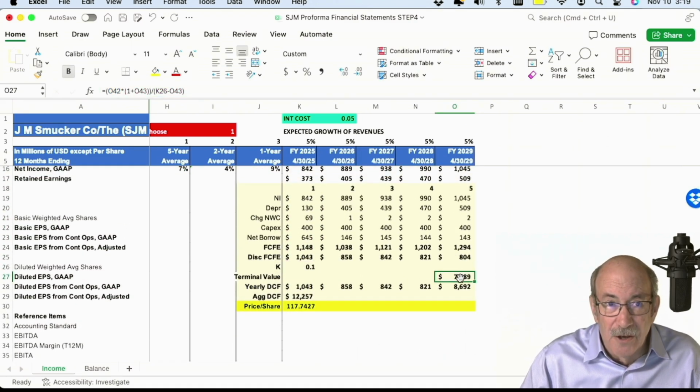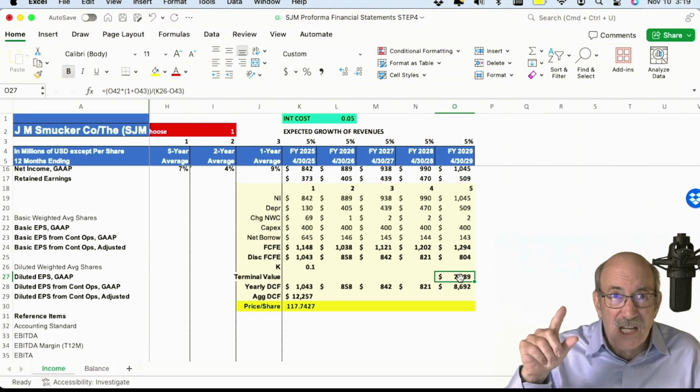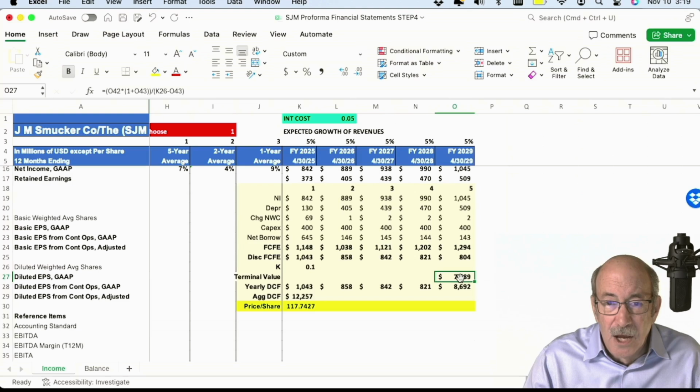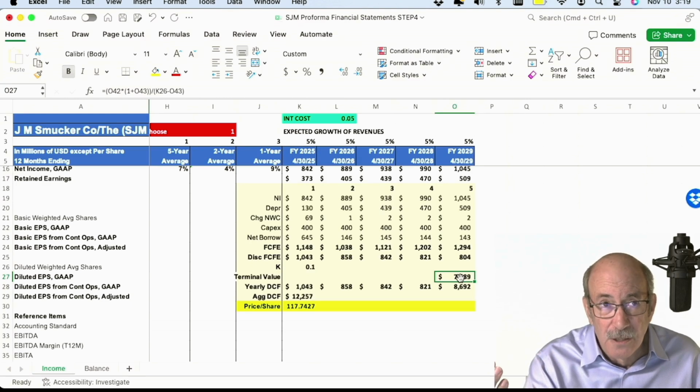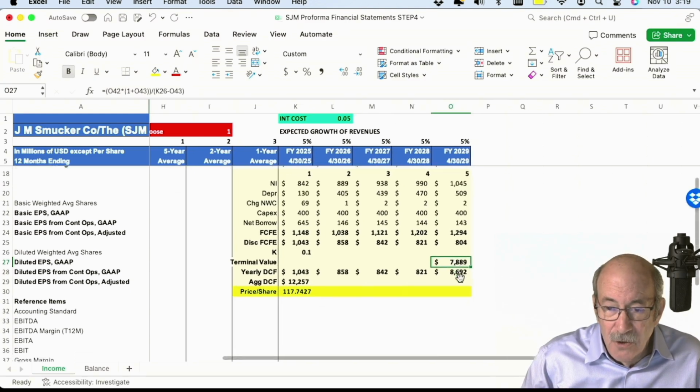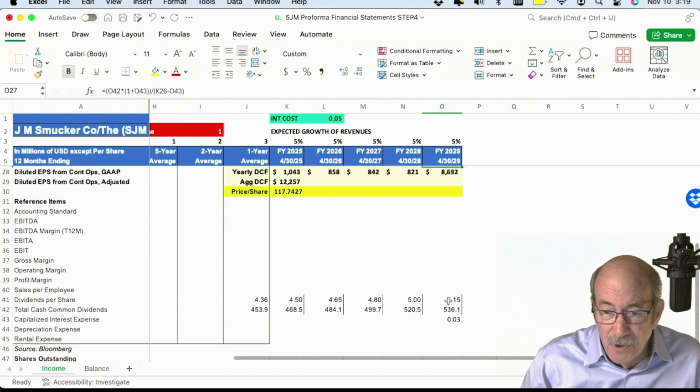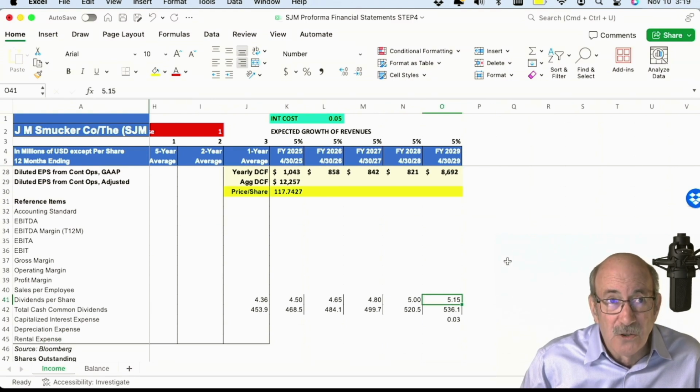So this terminal value, I've chosen to use the dividend discount model, constant perpetual growth version. So it's basically D1 over K minus G, right? Now, what's D1 in this case? Actually, D1 is the dividend that will be paid in 2030. Now, I assume I know what the dividend was in 2029.